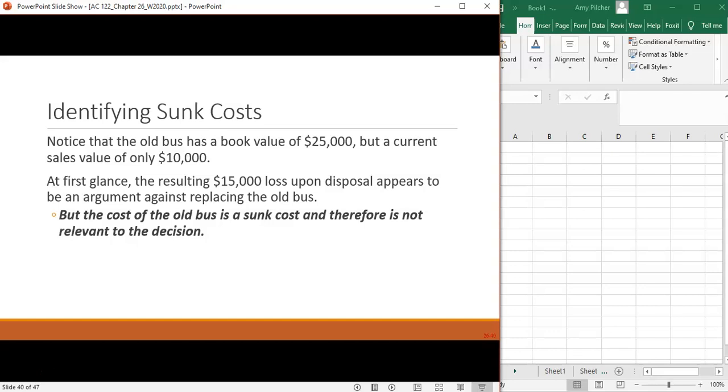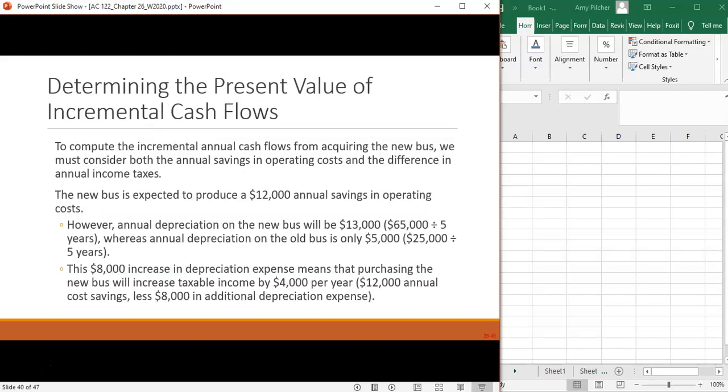Well, the money that we already spent for the bus is a sunk cost. Okay, so the cost of the old bus is not relevant to our decision. And so we're not going to factor that in, even though that $15,000 loss doesn't look like a good thing. The potential savings in maintenance costs might outweigh that.